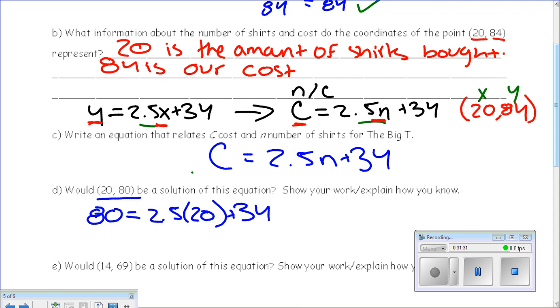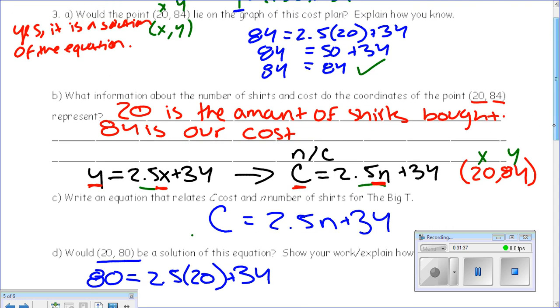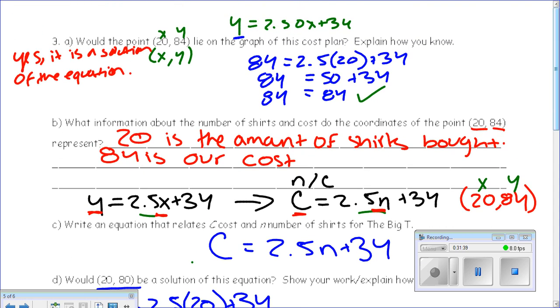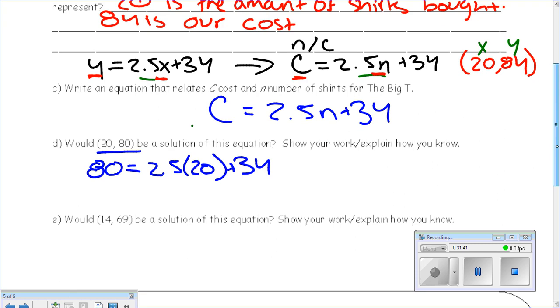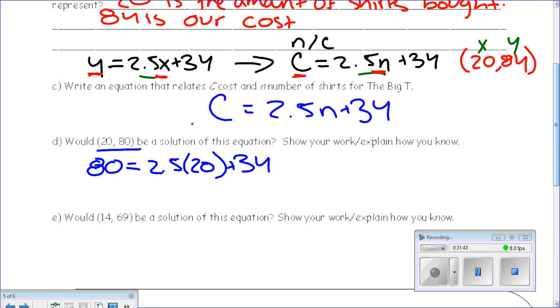Now they're asking us new numbers. Is 20 and 80? Right? These are very similar numbers. They said 20 and 84. Now they're just asking us new coordinates. Is 20 and 80 going to be on our line? We need to figure that out. We're going to figure that out by taking our equation that we rewrote in C and plugging 20 and 80 in for it.